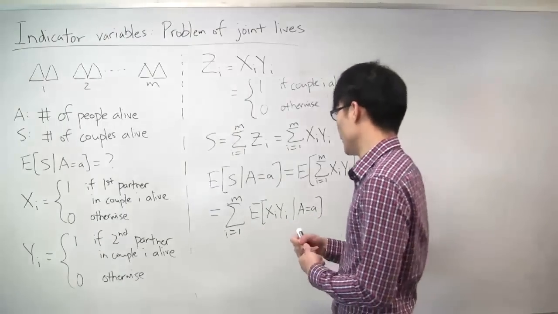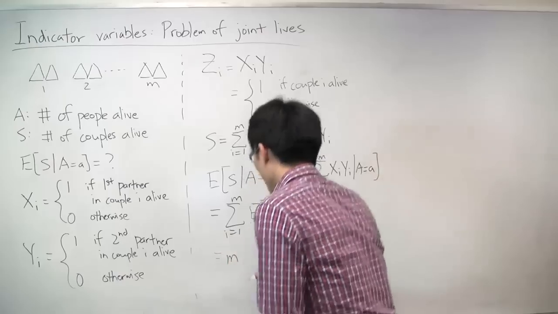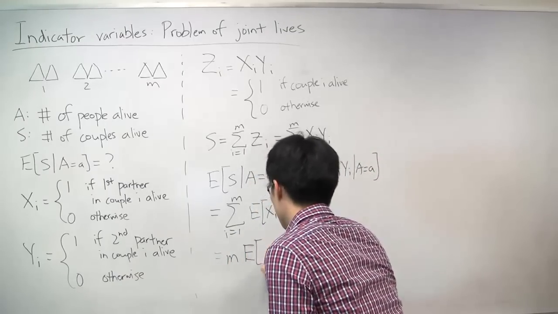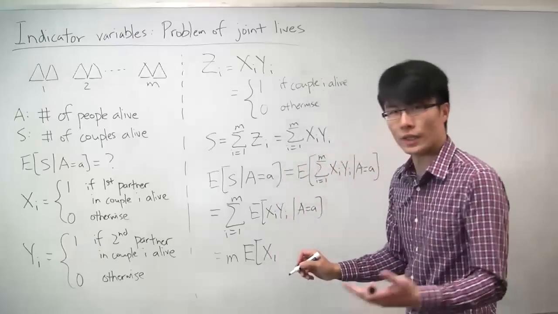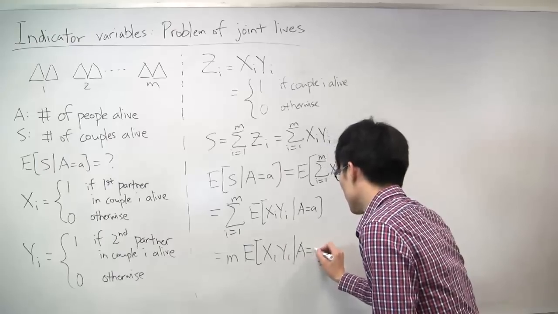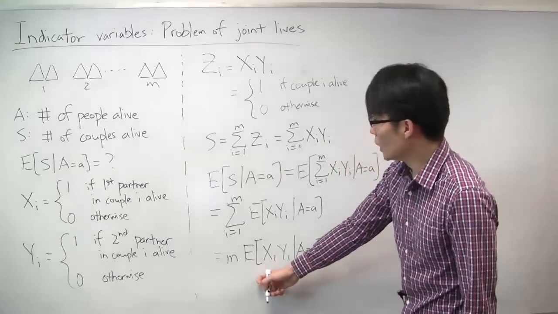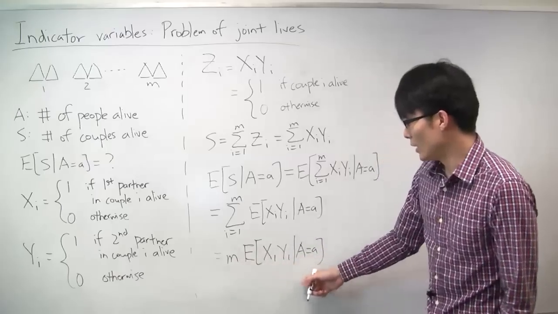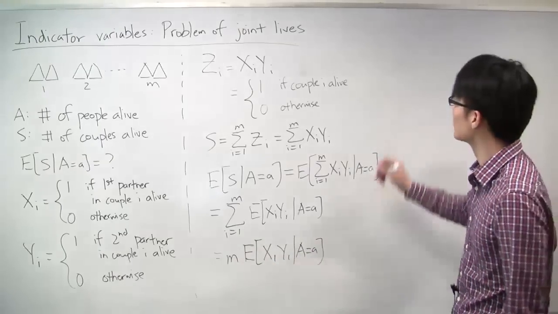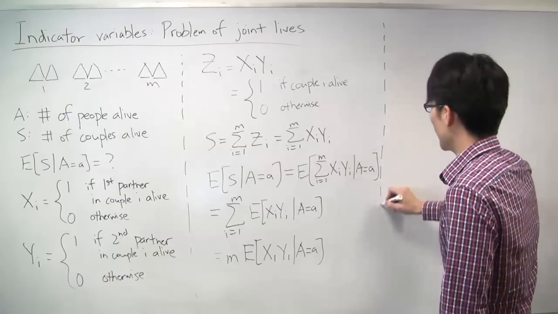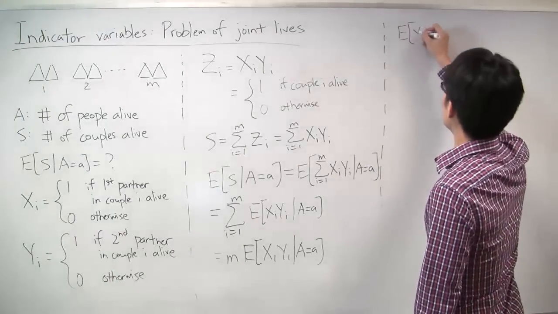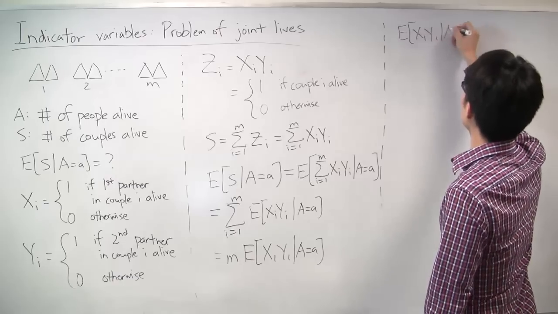And so what we actually have is just m copies of the same conditional expectation. So let's just focus on the first couple. Now what's left to do is figure out what this conditional expectation is. What is the conditional expectation of X1 Y1, given that A is a?